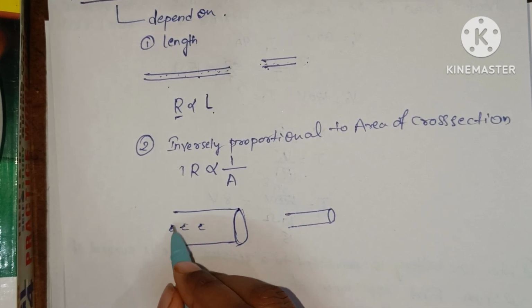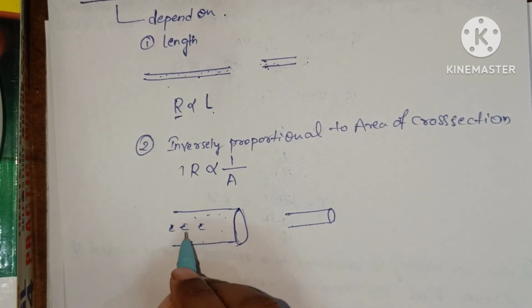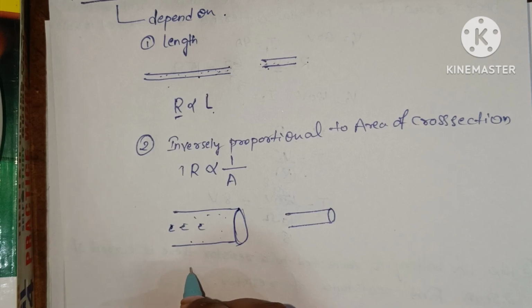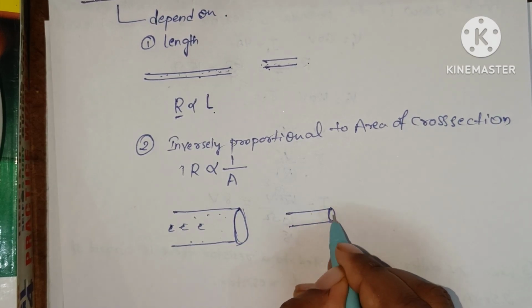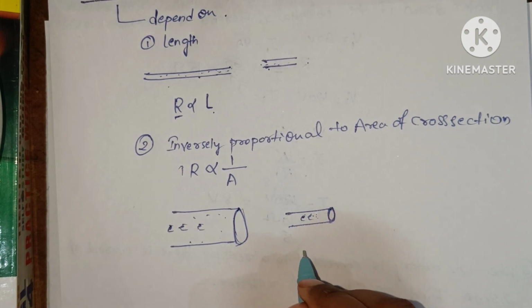Because there is a lot of free space inside. Even though atoms are present, there is a lot of space, so the electrons can move easily and no collision will take place. But with less area, the electrons can't move fast and they will collide with each other.